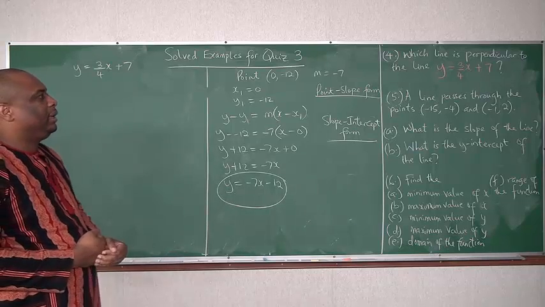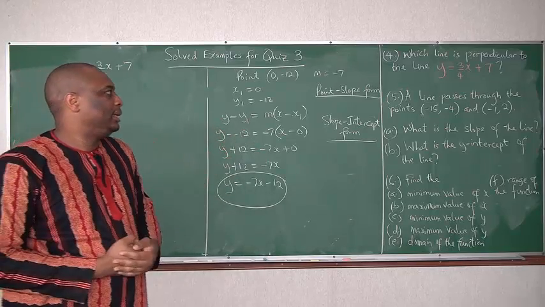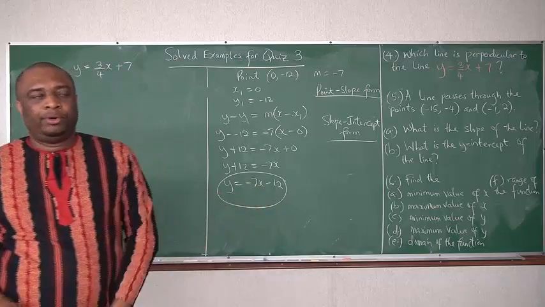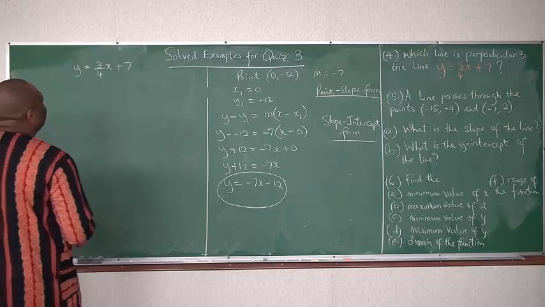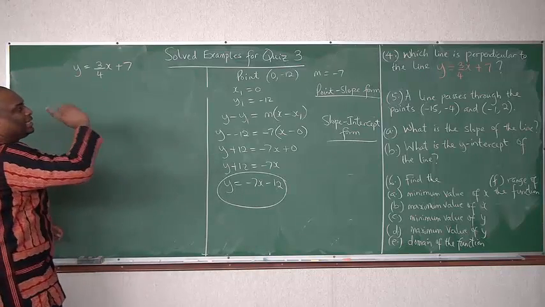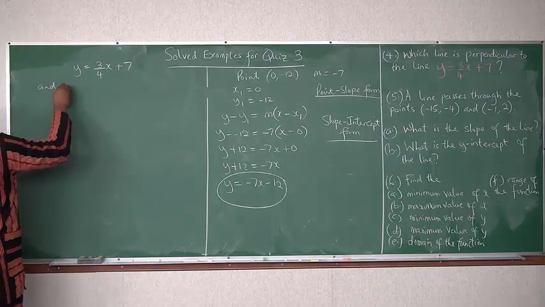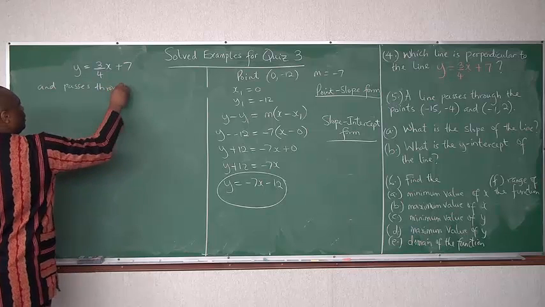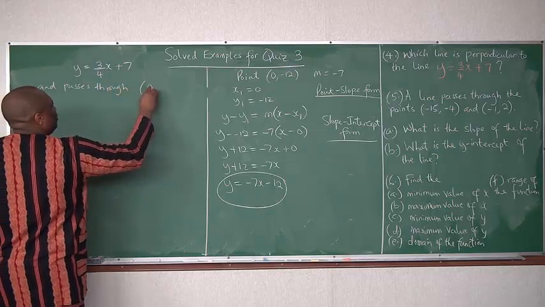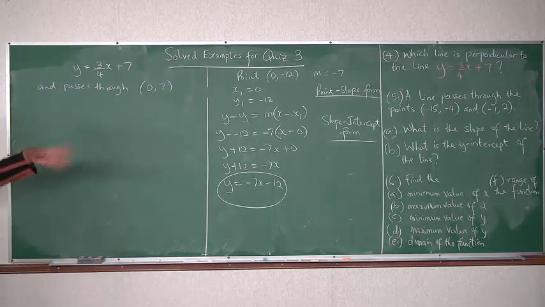Usually, they give you a line and they expect it to pass through certain points. Now, we can use the certain point as when x is 0, y is 7. So let's say which line is perpendicular to this line and passes through 0 and 7.